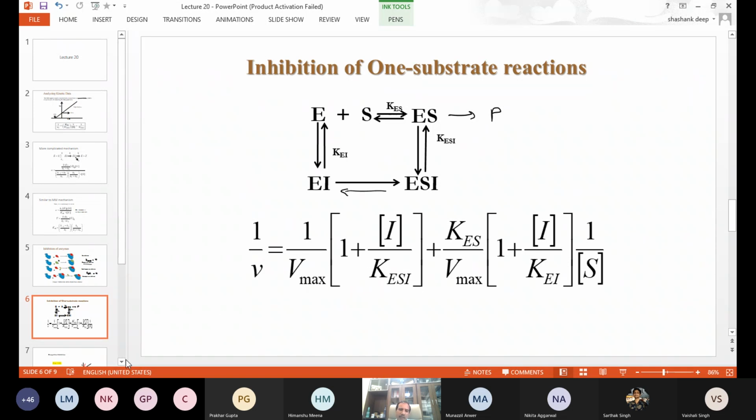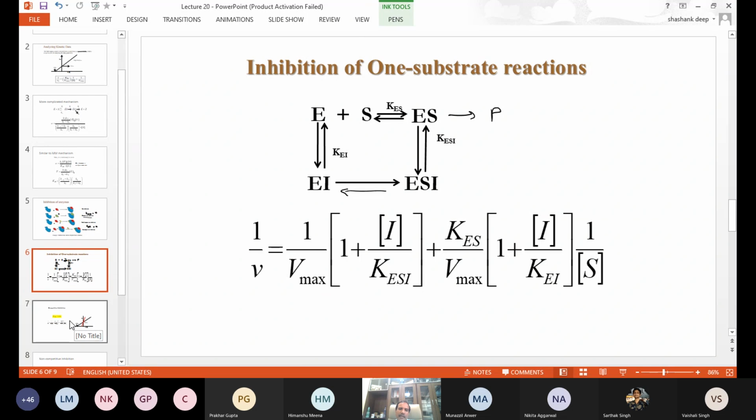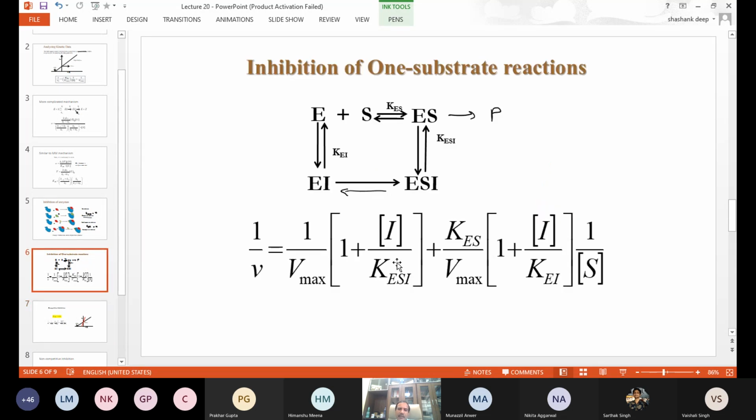Now let us discuss one by one. What will happen if we have competitive inhibition? I just told you that in competitive inhibition KESI is infinity. So if you go back, with KESI infinity, this term will be 0.